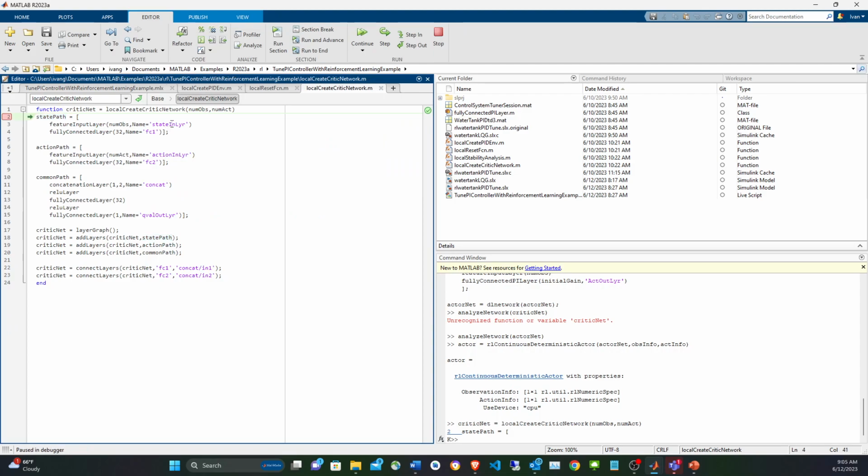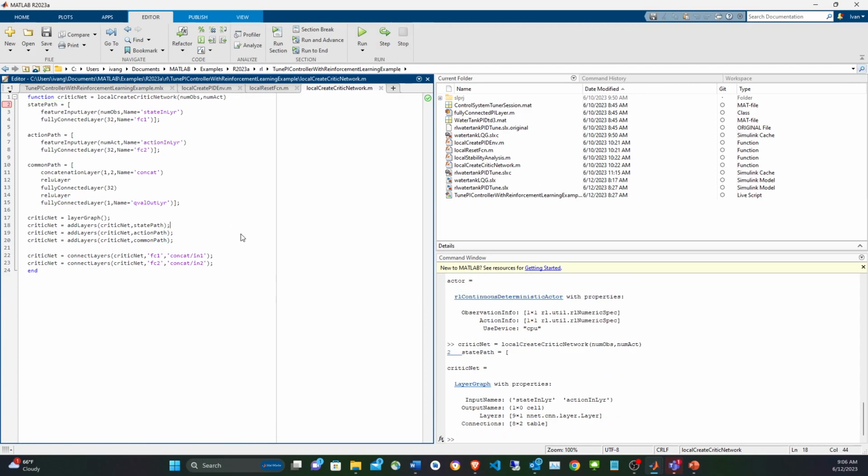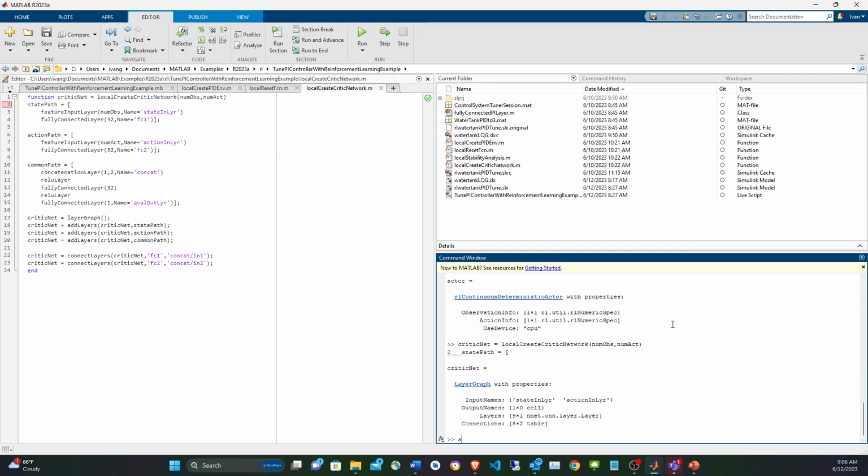We have the branch of the observation, the branch of the action, and then we concatenate them and have a ReLU with 32 units, and eventually we have a scalar, which is the long-term expected reward. I'm just going to run it and take a look at it.